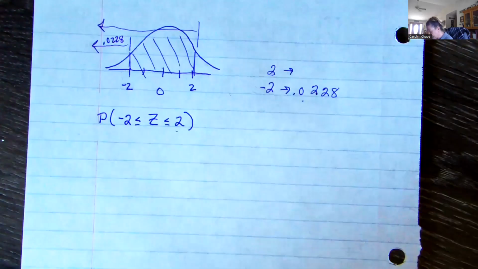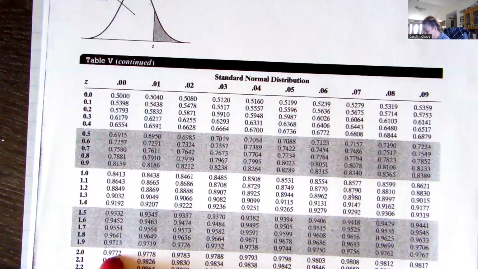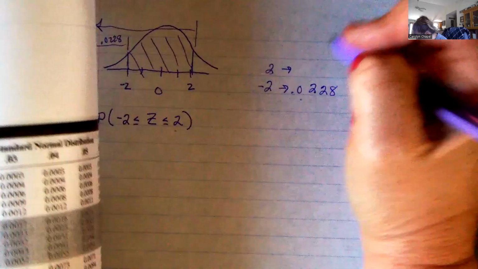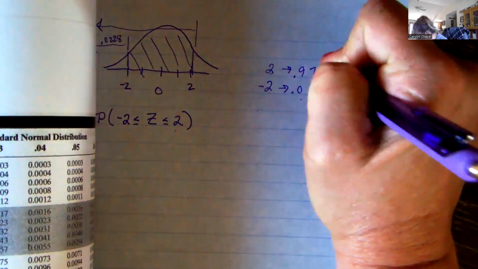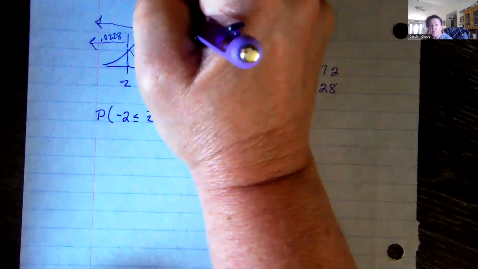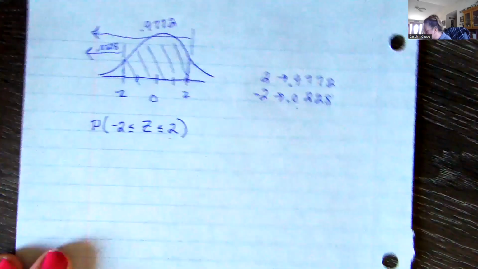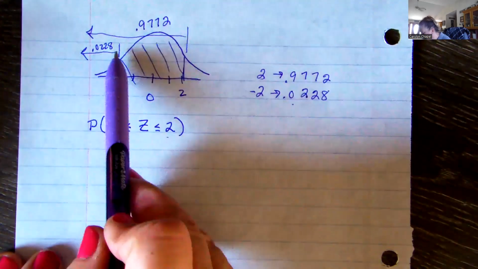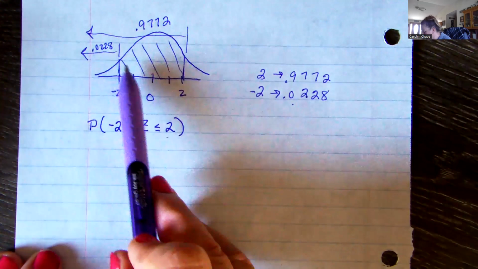So this is 0.0228. +2 is on my other side. 0.9772. So to find between these, I'm going to take this guy here and subtract that one off, and that'll give me what's left.